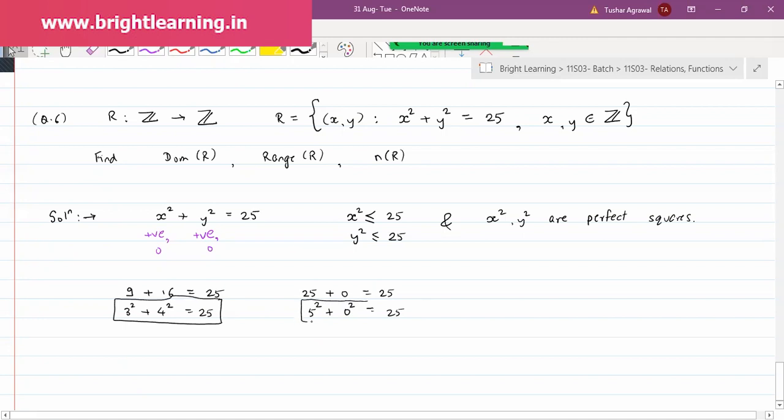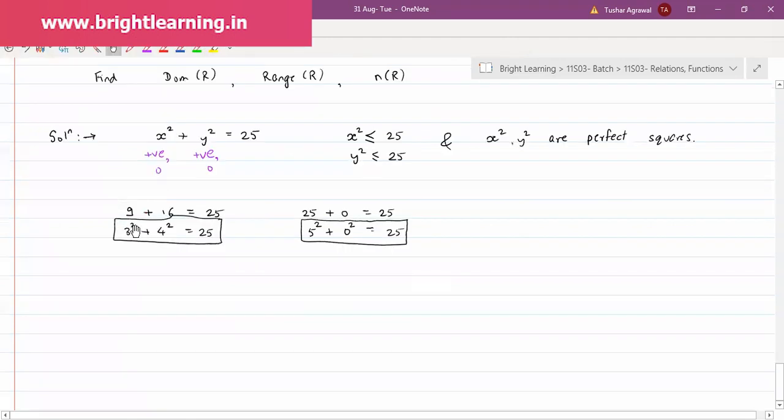Now, how to assign values to x and y? First concentrate on this triplet, 3 square plus 4 square equal to 25, that is 5 square. Is it necessary that x will be equal to 3? Means I want x square equal to 9.